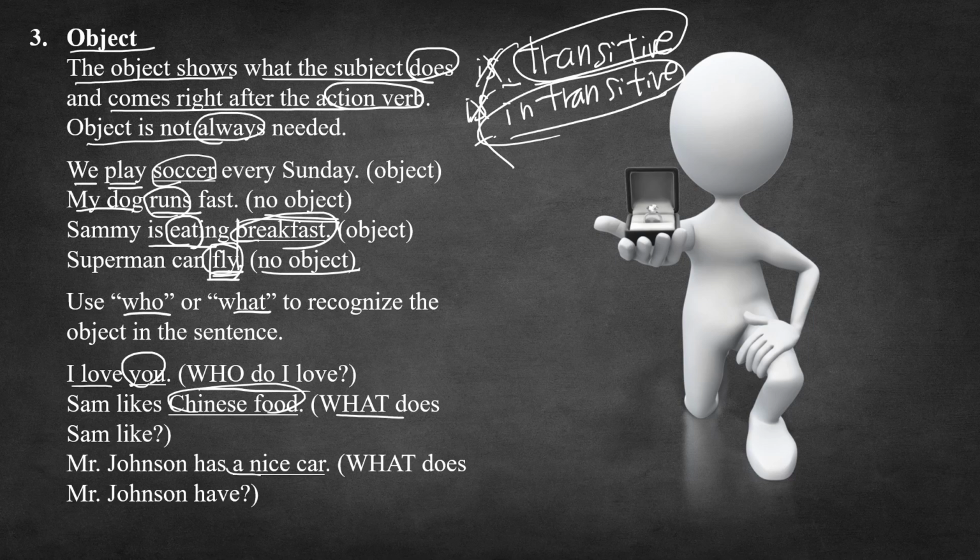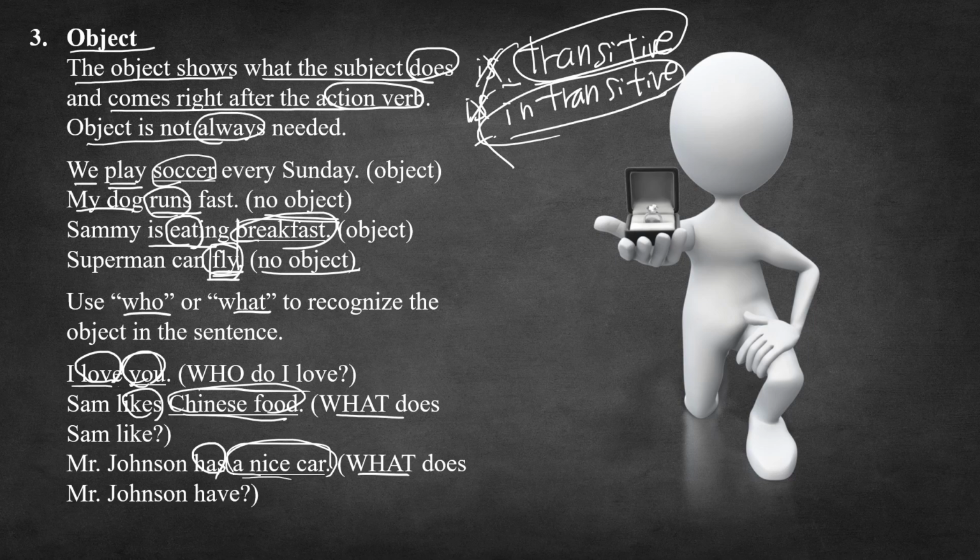Mr. Johnson has a nice car. What does Mr. Johnson have? So a nice car, this is an object. So again, love is transitive, so you need an object. Likes is transitive, so you need an object. Has or have is transitive, so you need an object.